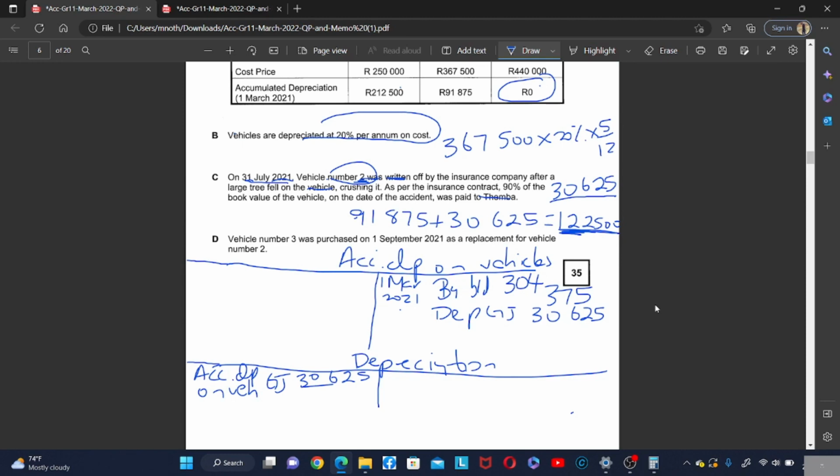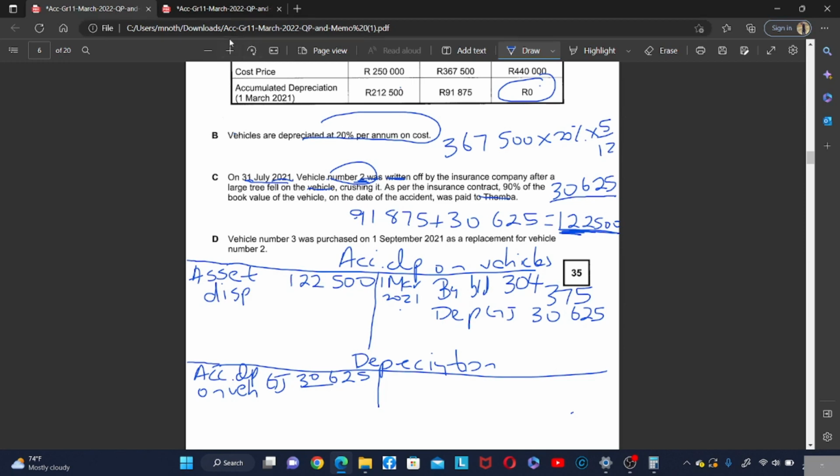To get rid of it we must decrease the accumulated depreciation. This money of 122,500 is included here on the credit side, so we need to debit it so that we can decrease the accumulated depreciation. Because this information is about an asset that the business is getting rid of, we must transfer it to the asset disposal.